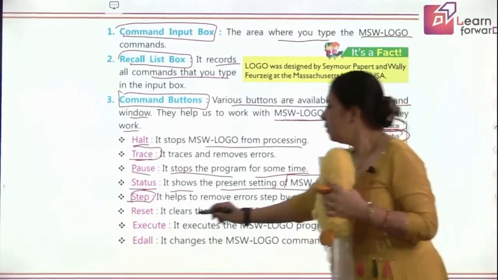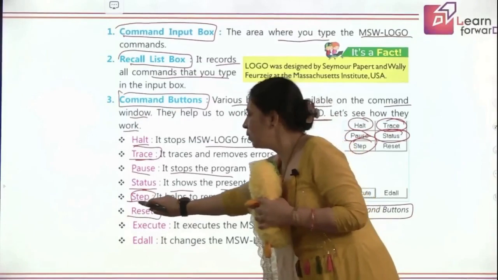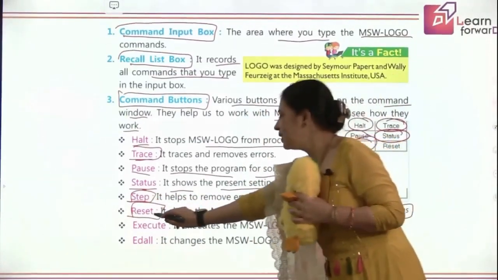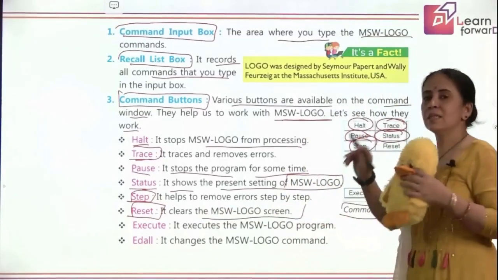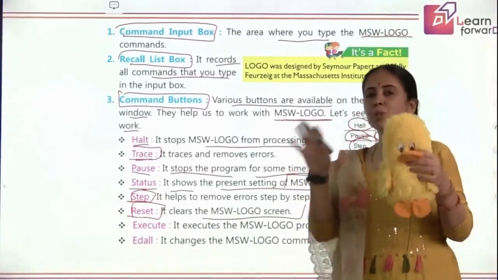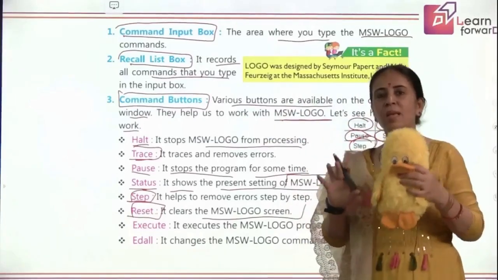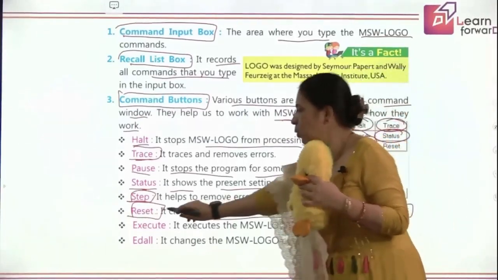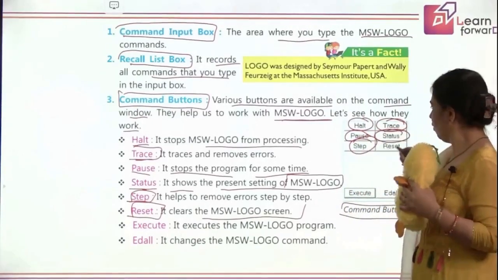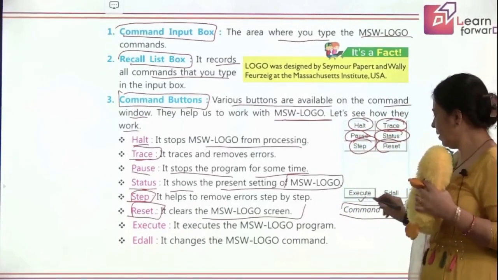Good. We have another button, children, that's called reset. So, role of reset is it clears the entire MS logo screen. That means whatever comes on the white screen, it gets cleared once you click on the reset button. And after that, we also have two buttons at the bottom.